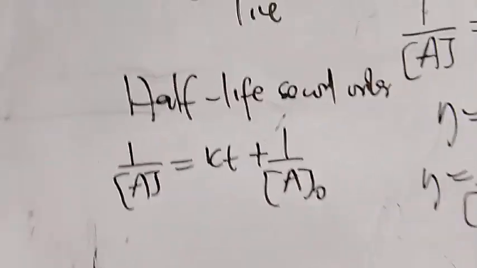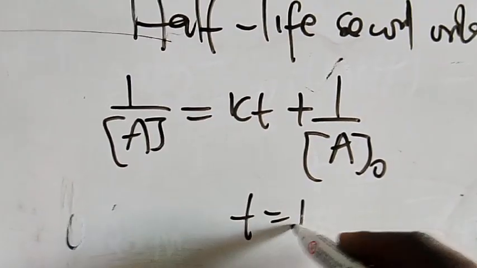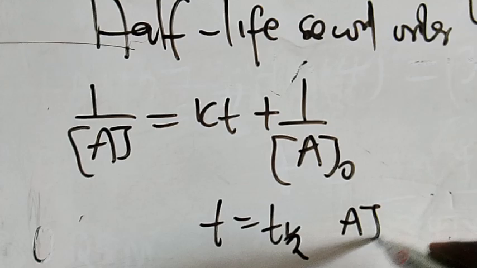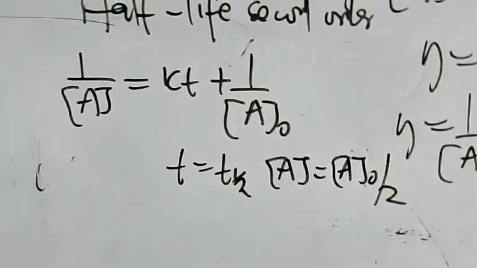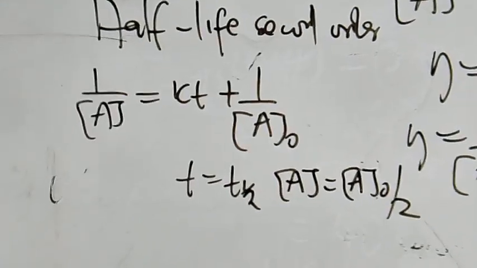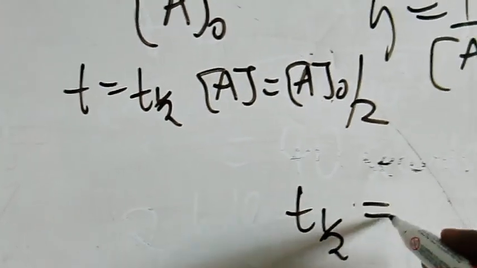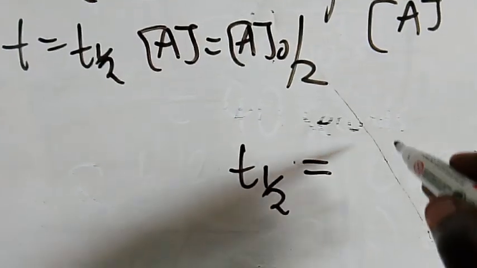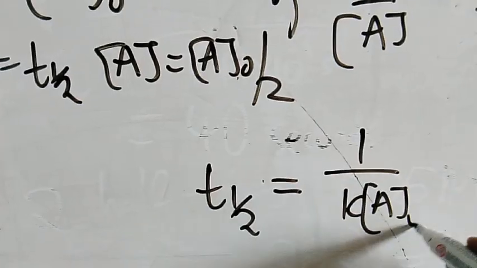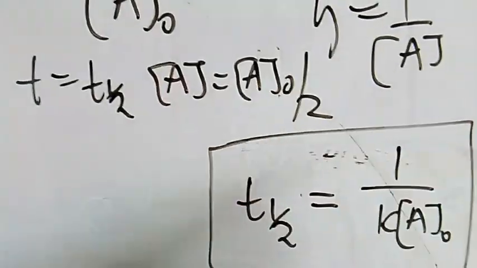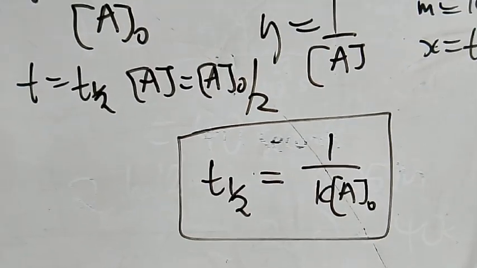By definition, when t is equal to t half, then A is equal to A initial over 2. Substituting into the equation, we find the half-life of a second order reaction is equal to 1 over k A initial. So this is the equation for half-life of second order reaction.